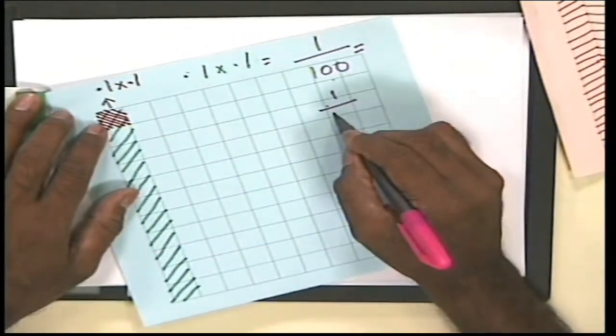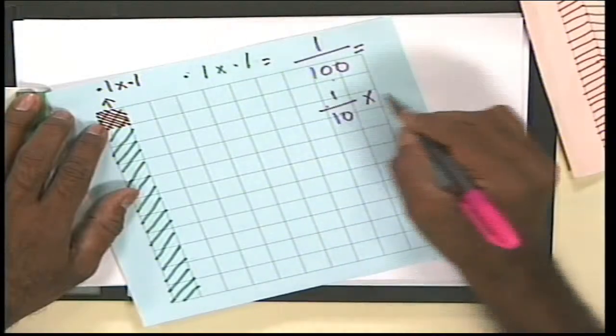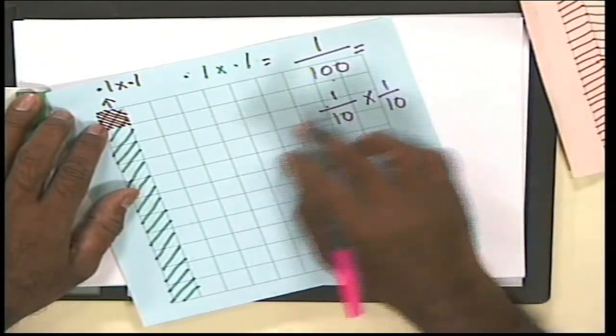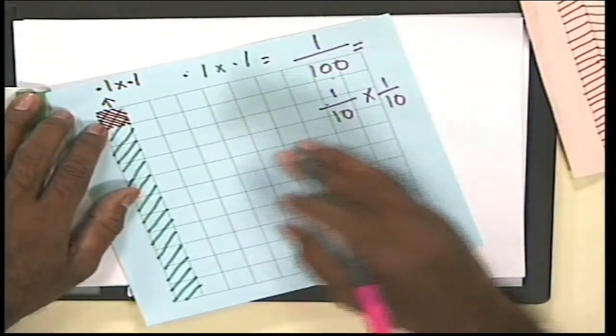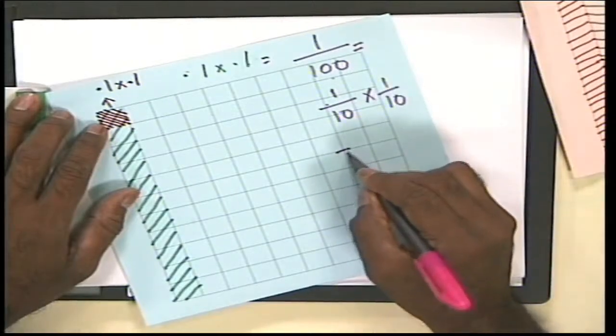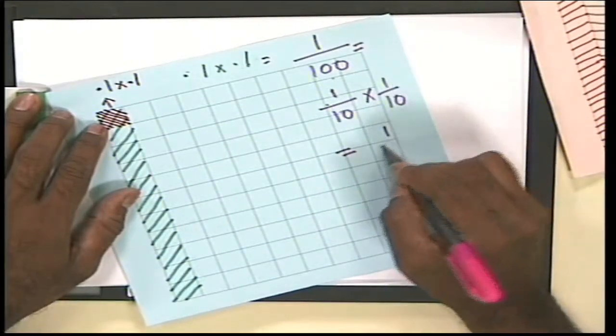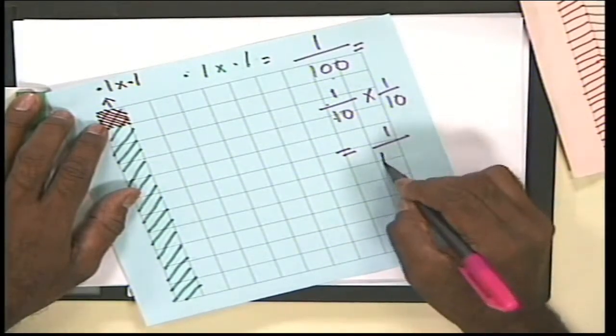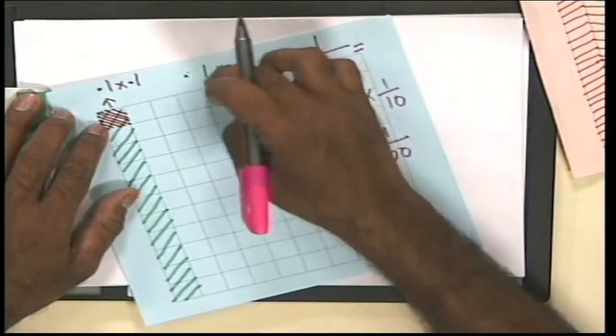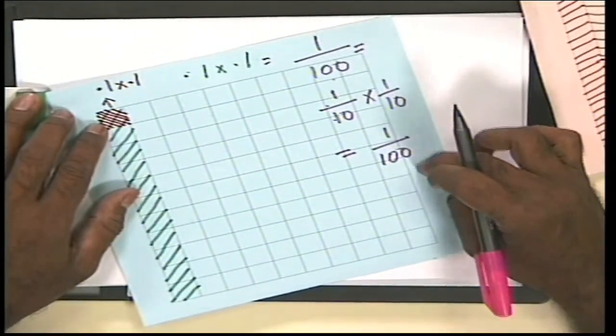0.1 means 1 out of 10, and the second 0.1 is also 1 out of 10. If you multiply the two fractions, as you already learned, the answer will be 1 into 1, that is 1, and 10 into 10, that is 100. Multiplying directly you will get 1 upon 100.